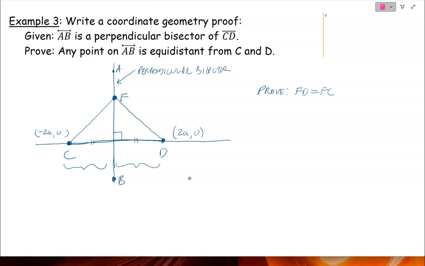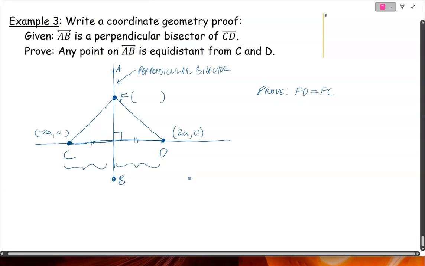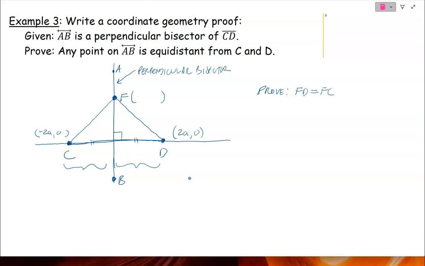Okay, so to guarantee that F is just any random point on the y-axis, what would you suggest for the coordinates? Which coordinate do we know for sure has to be fixed?